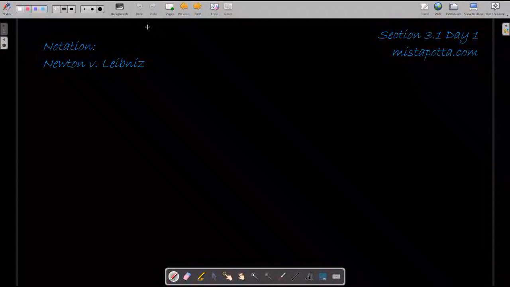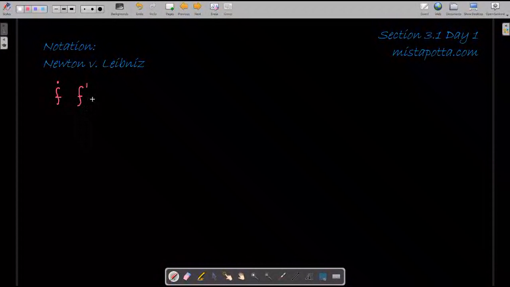And Newton was talking about derivatives from his work with fluxions. And so he was talking about how he would have a function and its derivative function. And he would use this dot notation over x. And due to typographical limitations, we started writing this as f with a prime symbol.